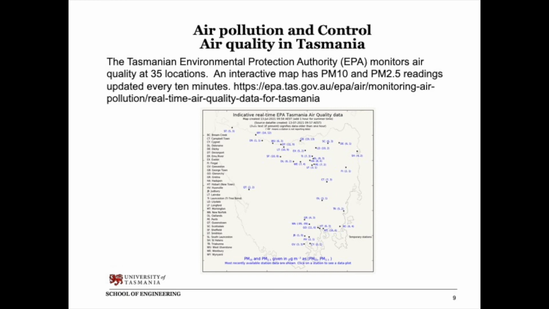So you might be interested to have a look at where you've been living, or have a look at Hobart, or have a look around the state and find out where the highest levels of pollution are, and see if you can relate that to a few things, like perhaps the number of wood heaters.